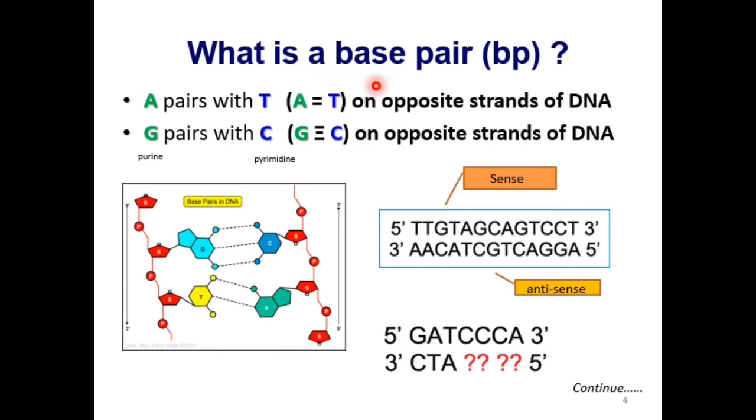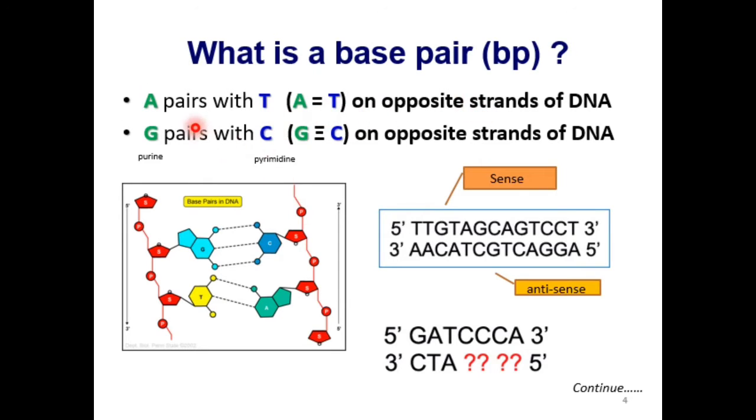An important term that we are going to hear many times is base pair. So this is the base pair, the bases of the DNA that are complementary to each other. As you know, the A will be paired with T with a double hydrogen bond.